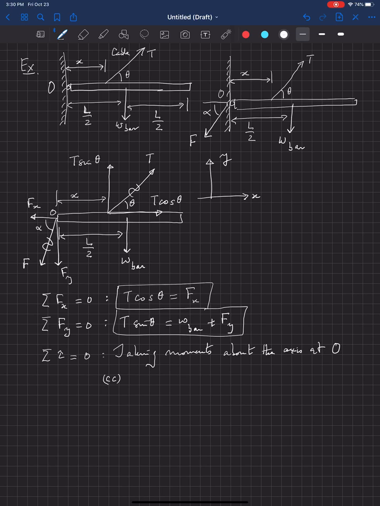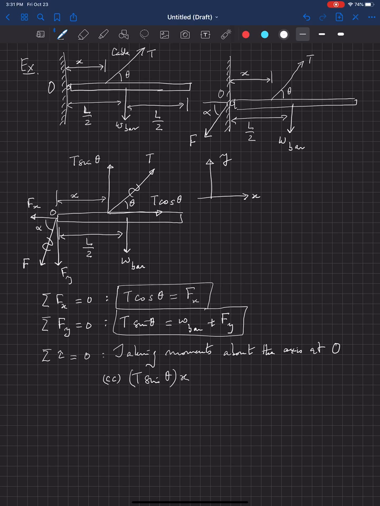If I pull on T sine theta upwards, I have a counterclockwise torque. So that torque is T sine theta times the perpendicular distance, which is x.